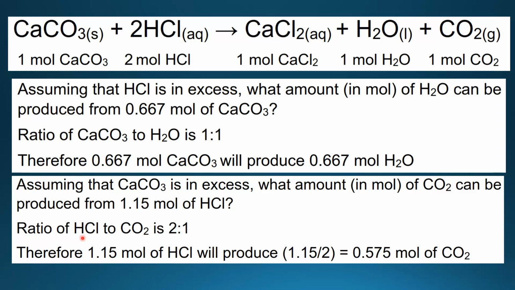The ratio of HCl to CO2 is 2-to-1, so we have 2 moles of HCl to 1 mole of CO2. Therefore, if we have 1.15 moles of HCl, we will produce half as much CO2 because of this 2-to-1 ratio. So we divide 1.15 by 2 to give us 0.575 moles of CO2.